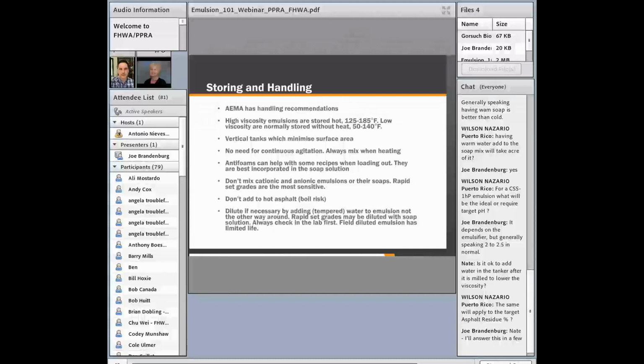Versus in a distributor, either a transport distributor or a distributor for chip seals or whatever, those are horizontal tanks, and as the volume of emulsion increases and decreases, so does the surface area at the top, which can really negatively affect emulsion quality if that skin is left unchecked. That can and will develop when emulsion is exposed to the air. So again, for long-term storage, vertical is definitely the best.